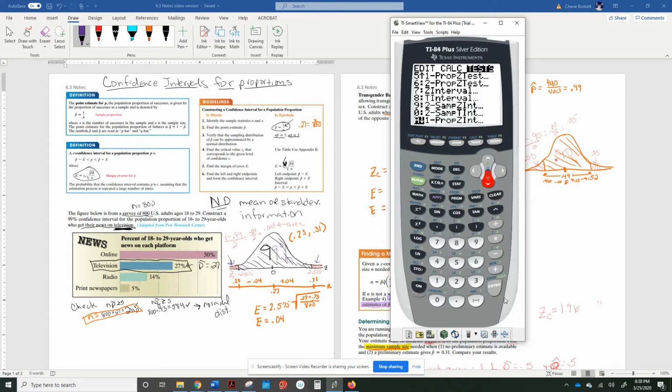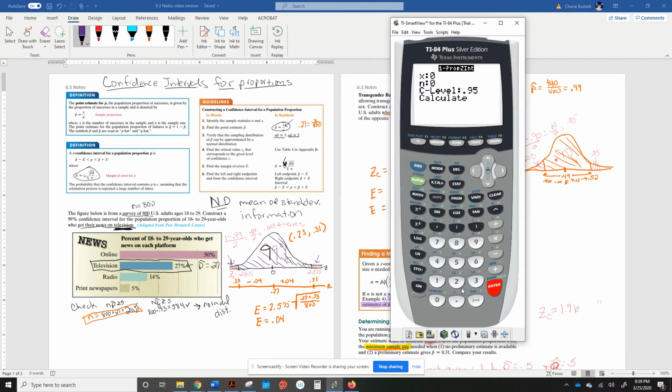One proportion z-interval. You press enter, and they want to know what the x value was. Remember, that's how many people said television, and we calculated that when we said 27% of the 800. 800 times 0.27 gave us 216, meaning 216 people said they got their news from television.